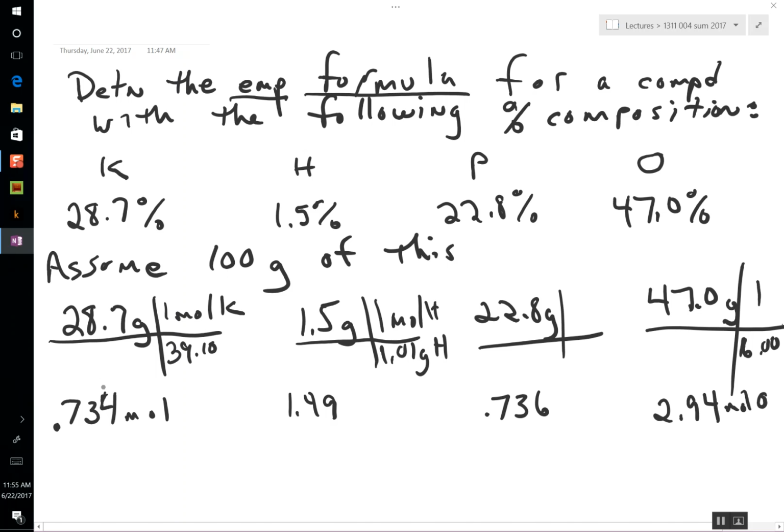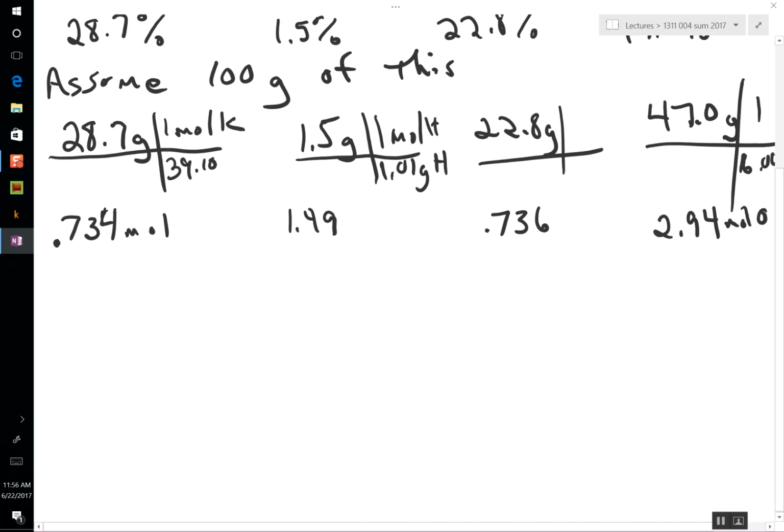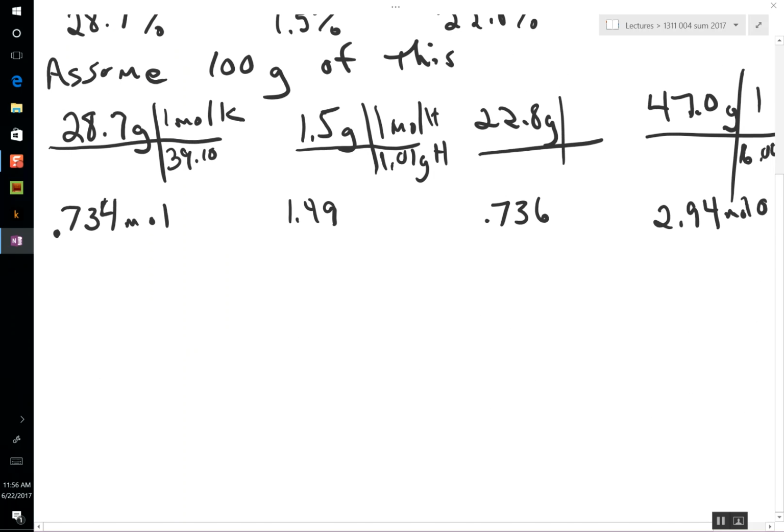Now, for an empirical formula, we want a whole number ratio of things. So the strategy now, you've got the moles: we've got 0.73 moles of potassium for every 1.49 moles of hydrogen, for every 0.736 moles of phosphorus, for every 2.94 moles of oxygen.